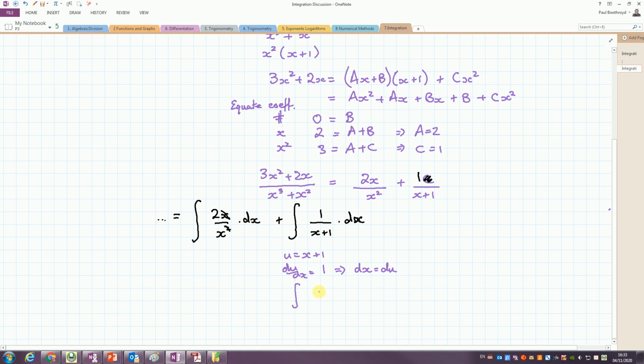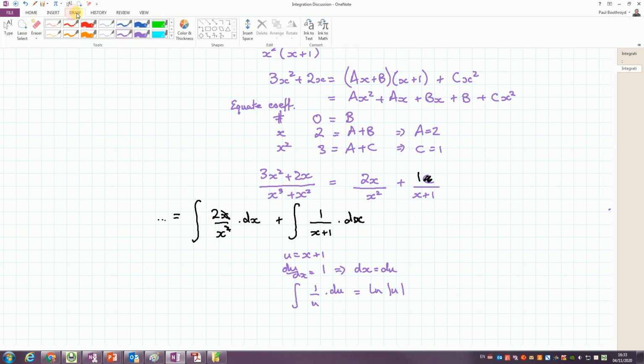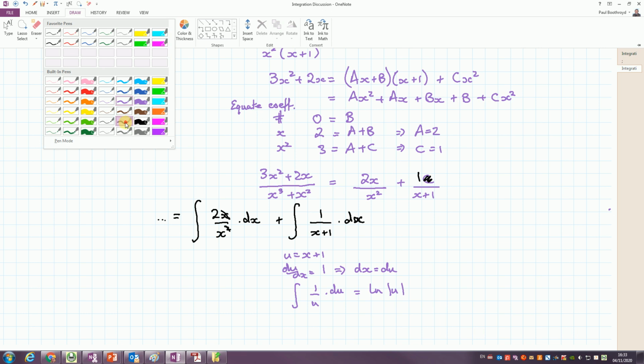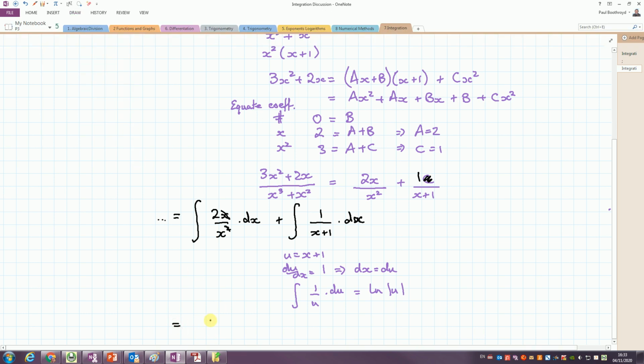Let's go back to my black pen. So the integral here is going to be 2 log of x plus log of x plus 1, sorry, u is x plus 1, plus some constant.